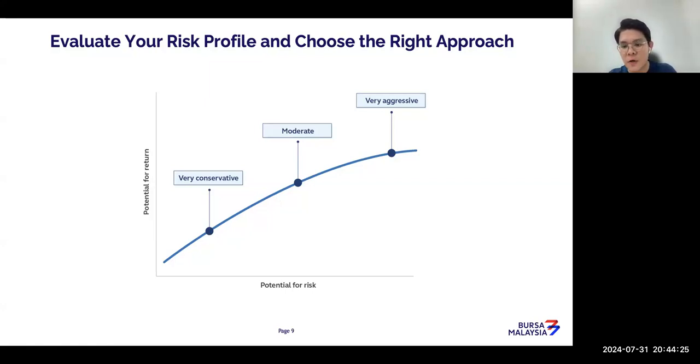The aggressive investor is willing to take on higher risk for the chance of substantial return. So understanding where you fall on this category is the key to constructing a portfolio that aligns with your risk tolerance and goals.